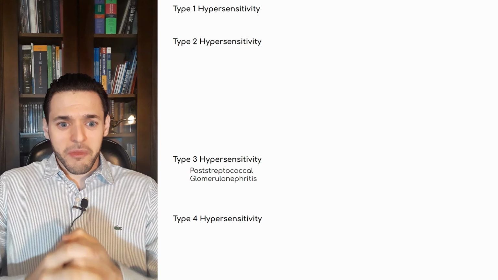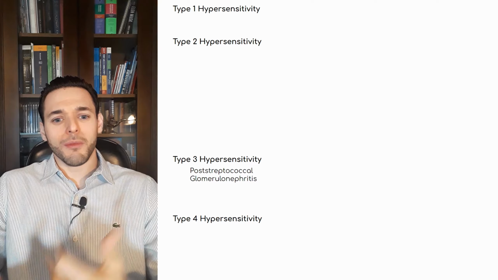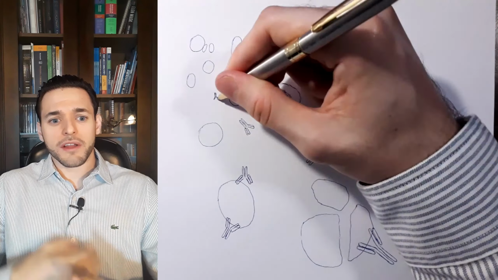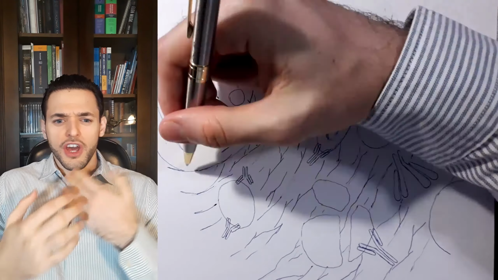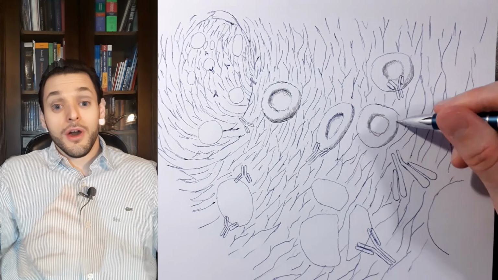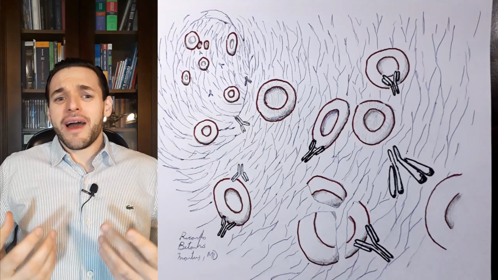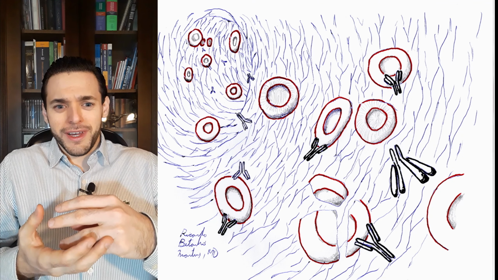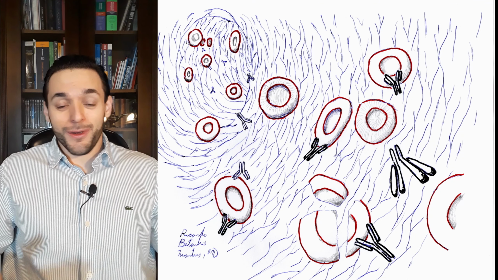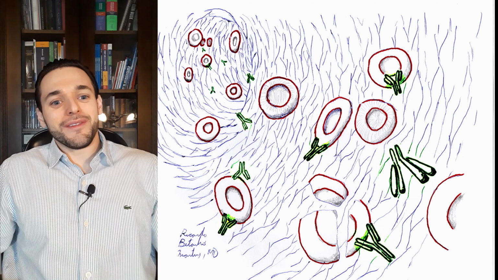On the other hand, when we talk about autoimmune hemolytic anemia, we are talking about autoantibodies against red blood cell membrane proteins causing hemolysis. Red blood cells are circulating in the blood, so it will be very hard for anything to deposit on them. This can only be caused thus by immunoglobulins.